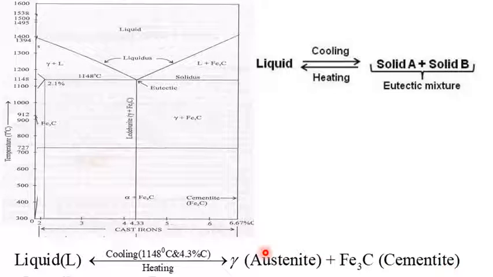Solid 1 is austenite, solid 2 is cementite, and the eutectic mixture of austenite plus cementite is called ledeburite.